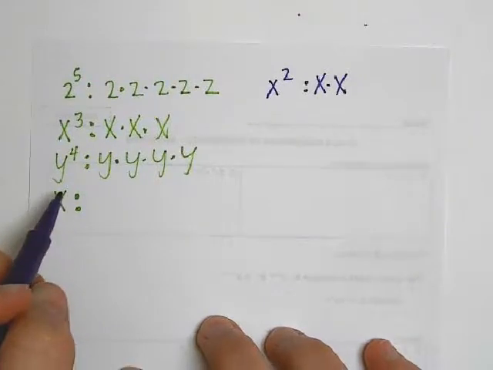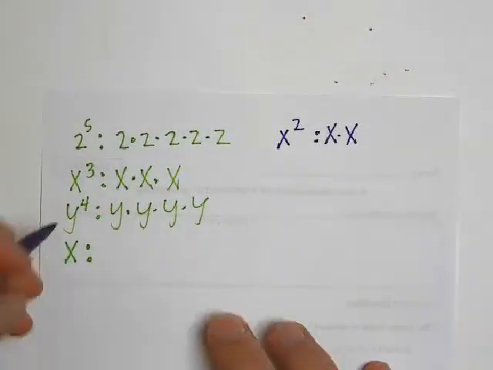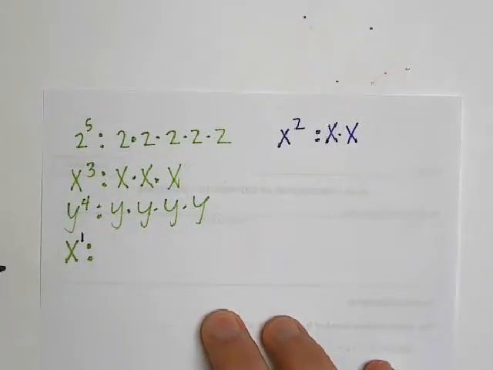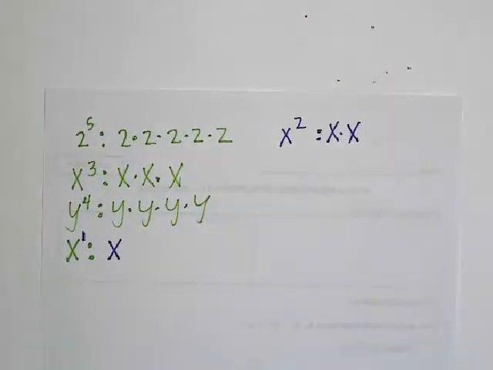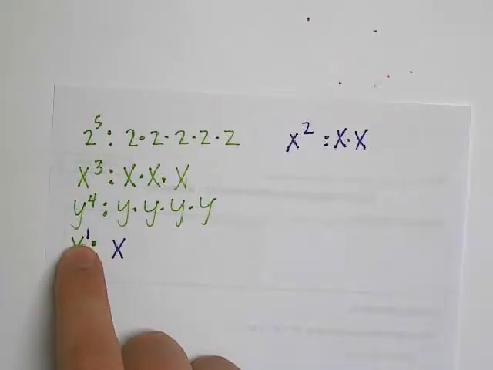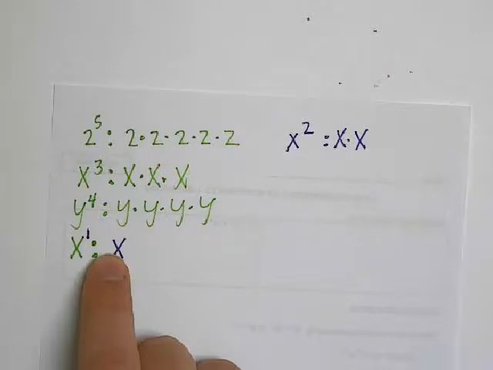How many x's do I have here? 1. So if it doesn't have an exponent, what do we say that exponent is? A 1. If it doesn't have an exponent, you say it's a 1 as the exponent, and we just have 1x. Does everybody understand? Are you with me?